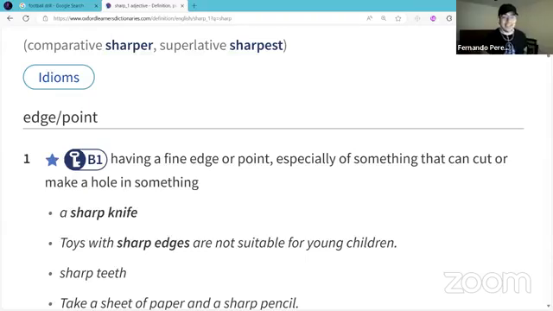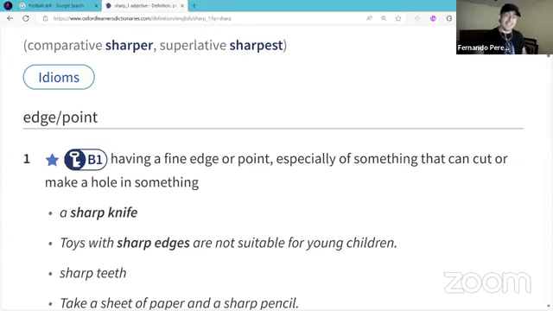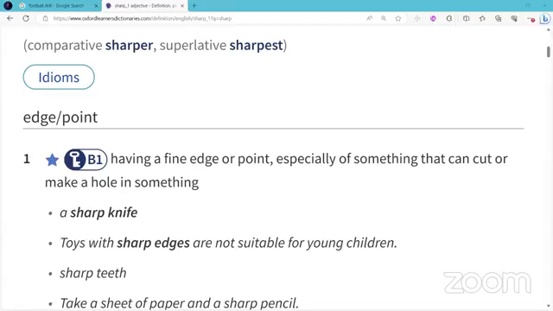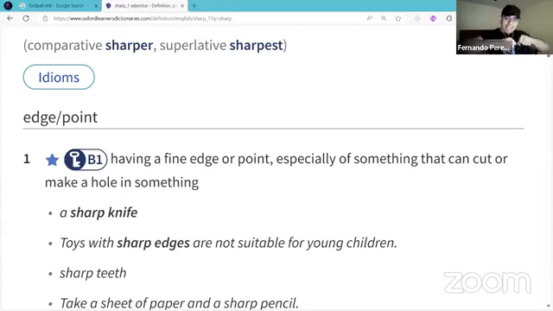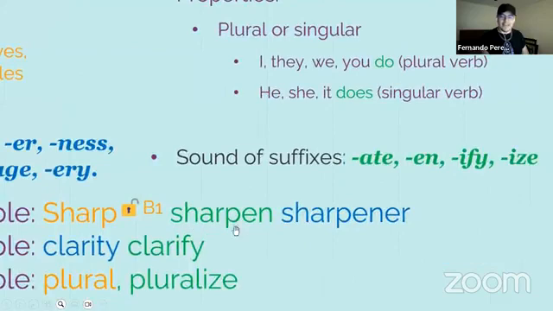You know that a knife is good when the knife is sharp. You know that a pencil is ready to write if the pencil is sharp. The action to make the pencil have sharpness is to sharpen the pencil.